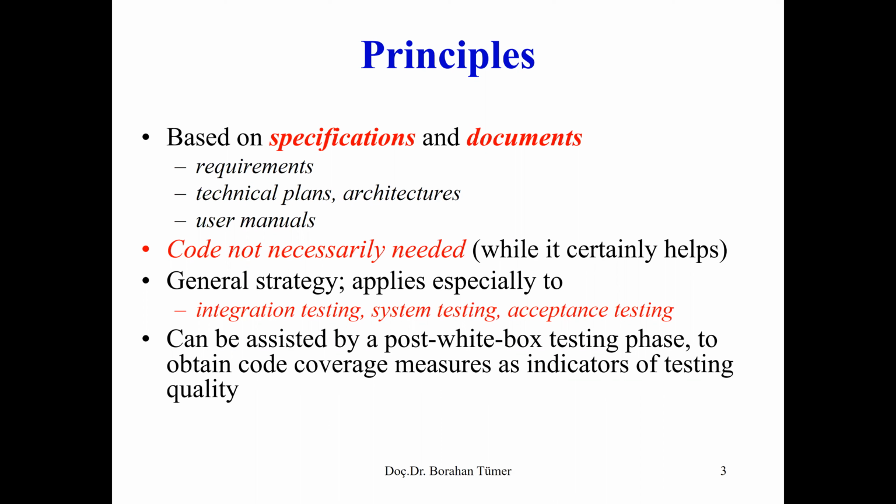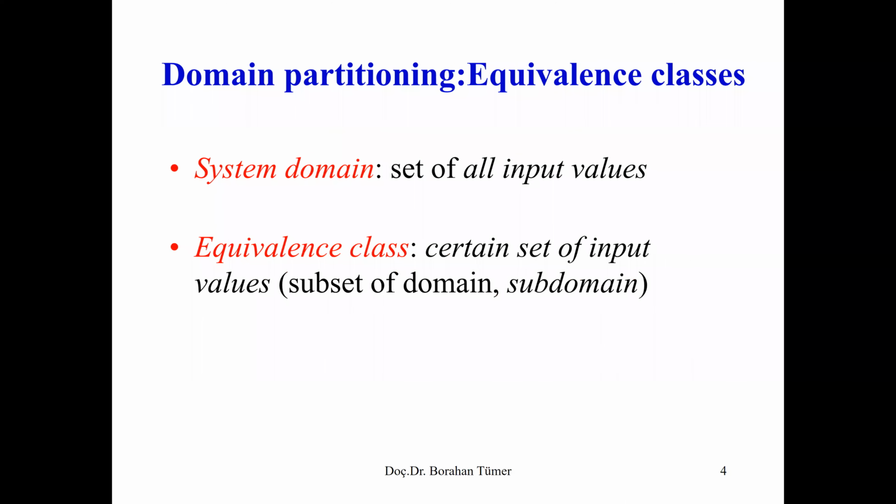To assess the testing quality of the black box testing, after it is done we can use a post-white box testing phase, so that by the code coverage measures, the quality of the black box test is assessed.